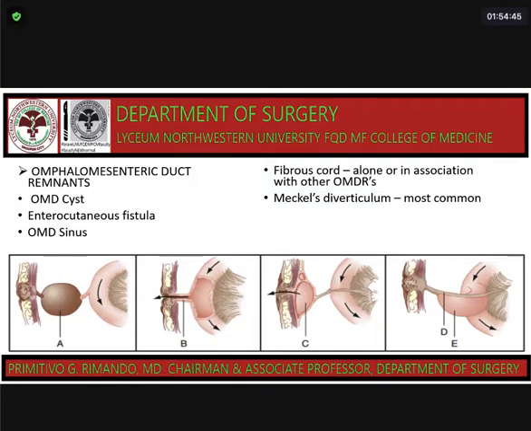Before the 10th week, they started to come back. Sometimes you have remnants of your omphalomesenteric system.